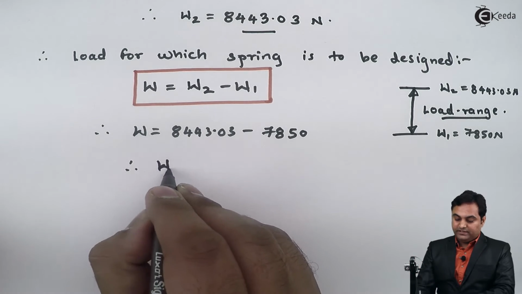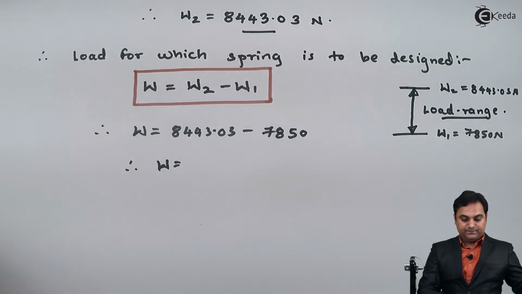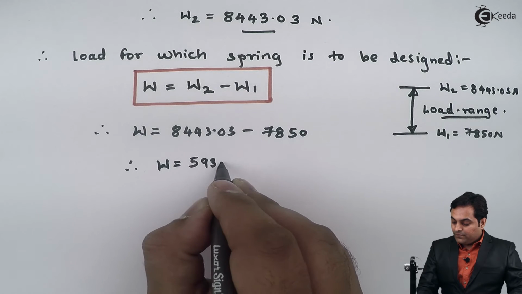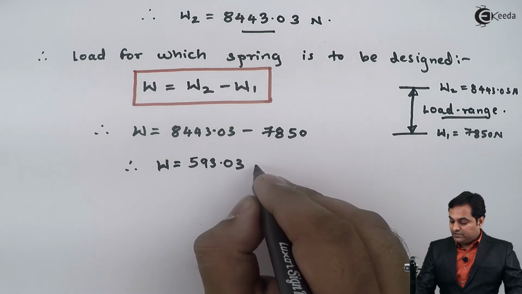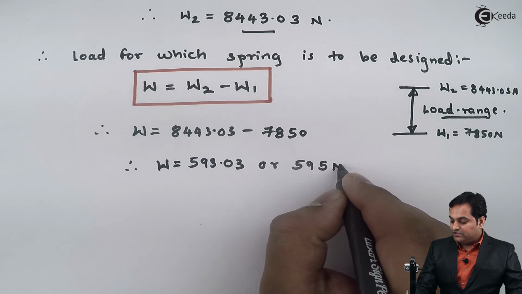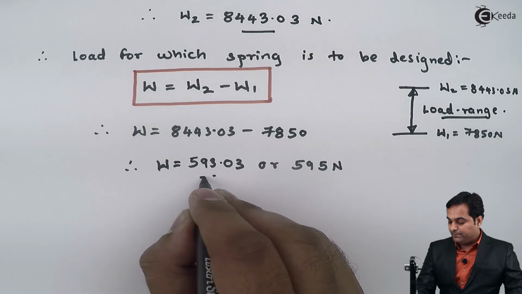So from this I'll get the answer of W as, which I have already calculated, and my value is 593.03, which I can say it is very close to 595 Newton. So I'll design the spring for 595 Newton.